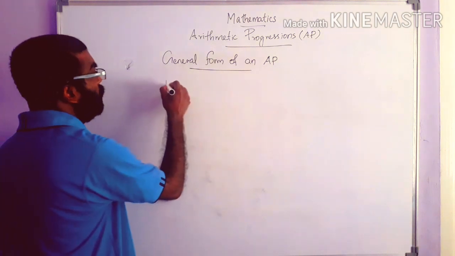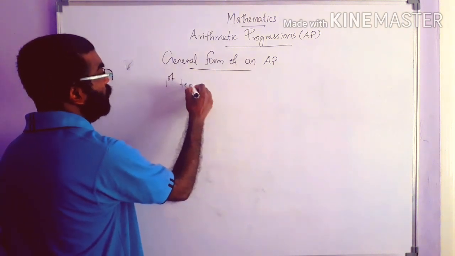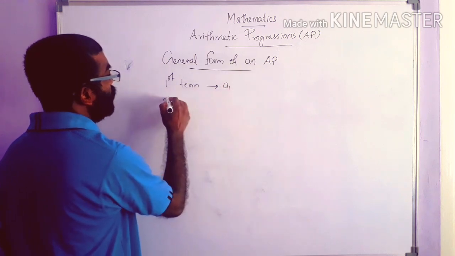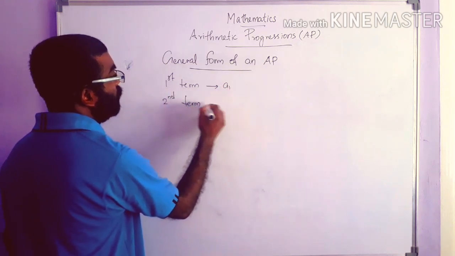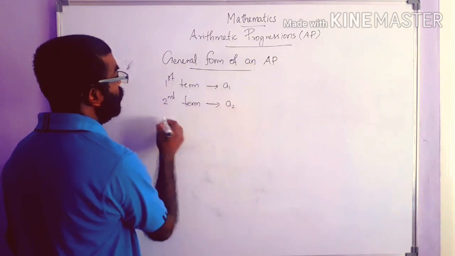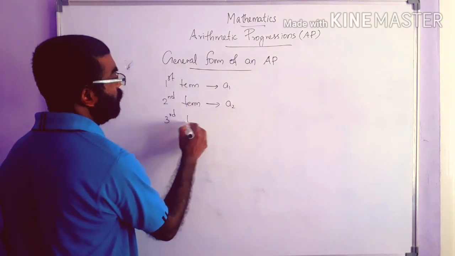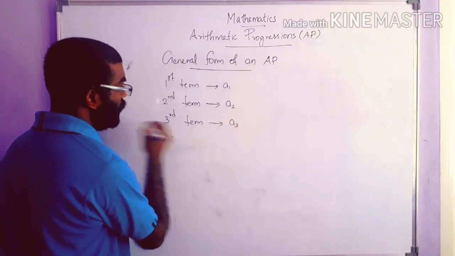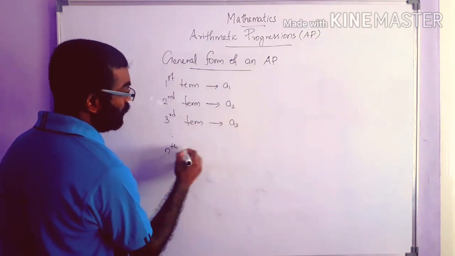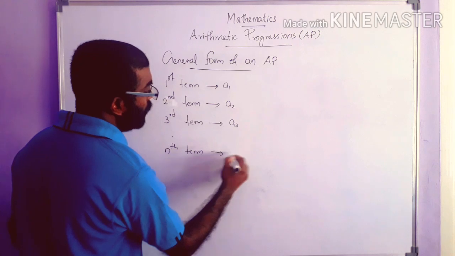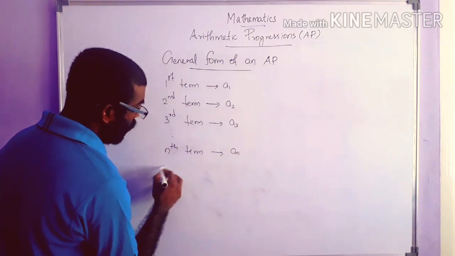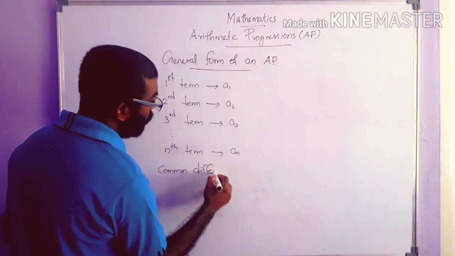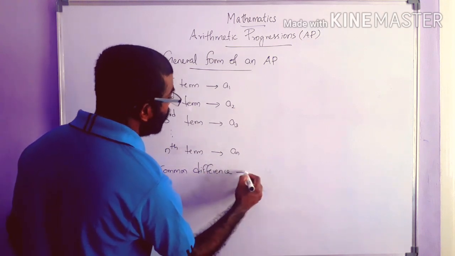Let the first term of an AP be a1, second term a2, third term a3, etc. Nth term let it be an, and the common difference is d.